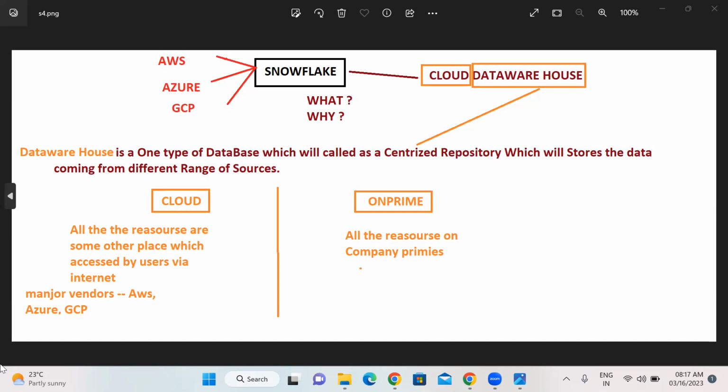Clear? For example, take Amazon, which delivers products. In every location there is a nearby hub. Once you order a product, it is delivered from the manufacturer godowns to Amazon's main godowns, and after that they distribute it to, for example, the Hyderabad godown and Bangalore godown, warehouses like that.